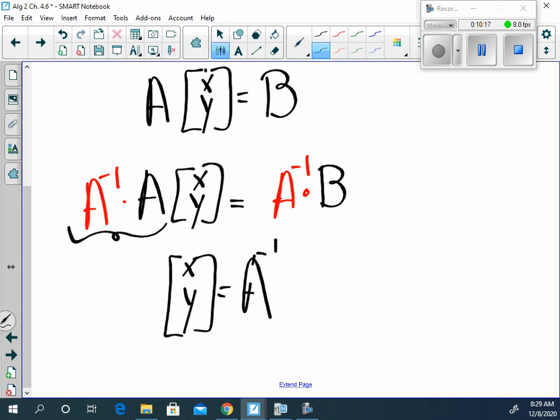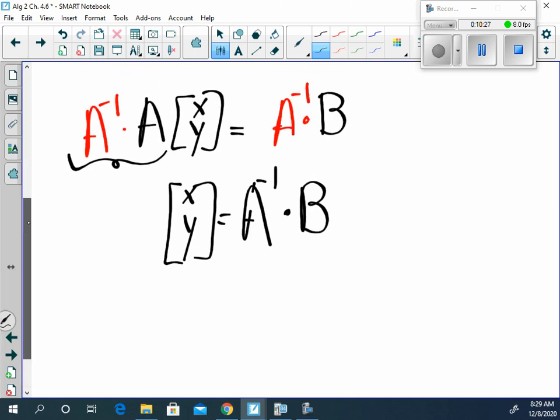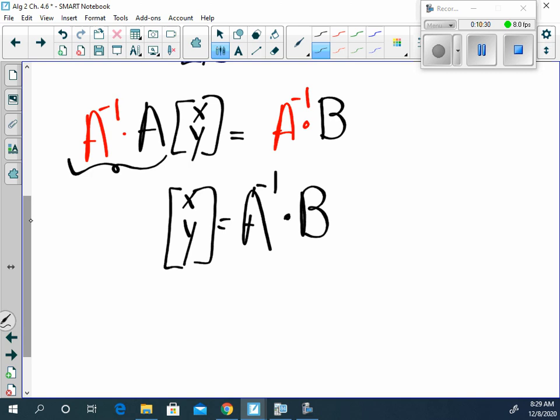Well, over here I still have A inverse times B, yes? Well, we already know what matrix B is, correct? Because that's our 18, 0. I don't really know what A inverse is.